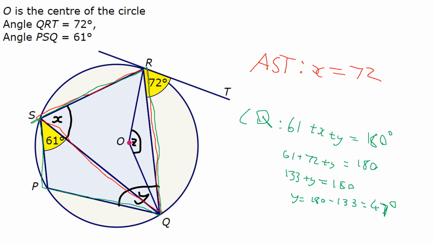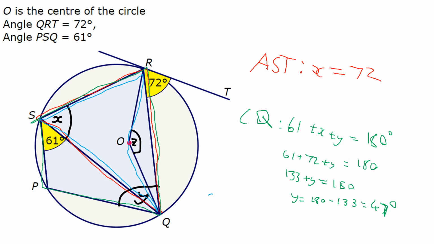So now how are we going to work out what Z is? Well, once again, as I like to say, look at Z and look at specifically where Z is. What do you notice? Well, Z is on the center of the circle.